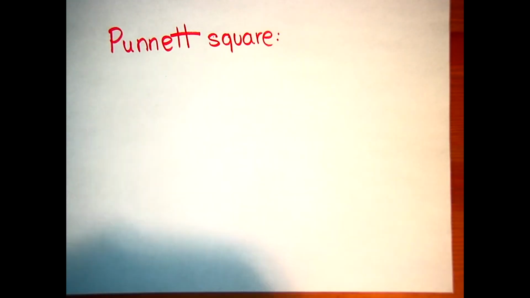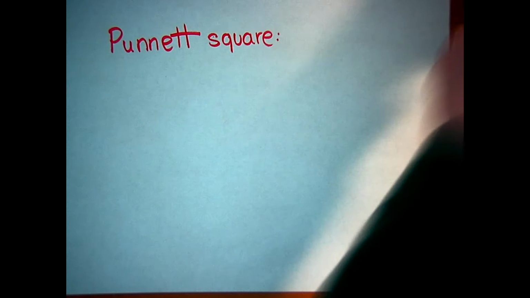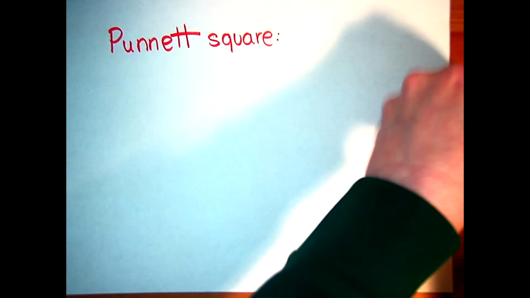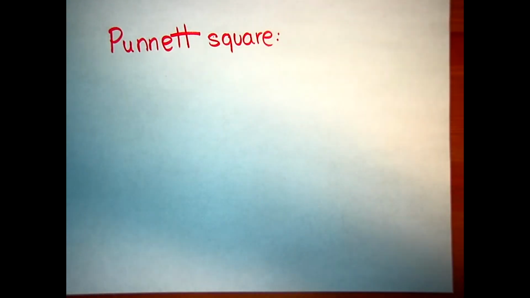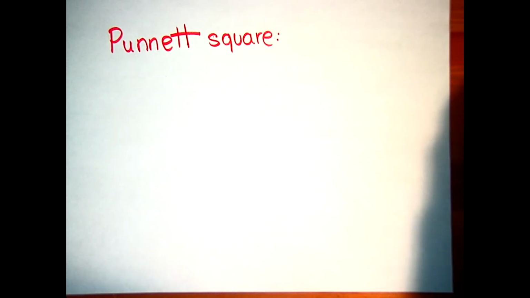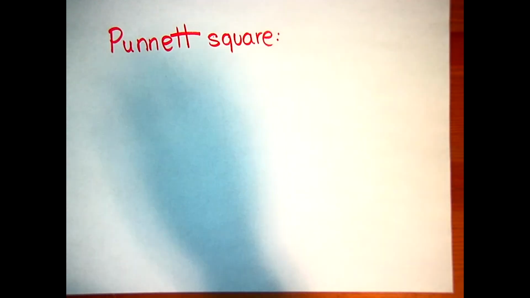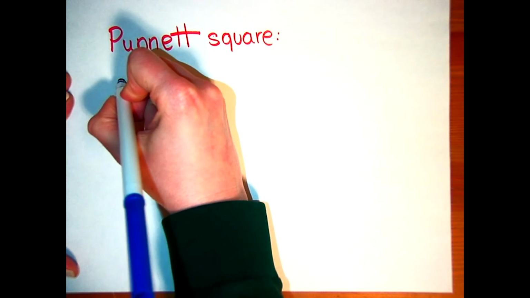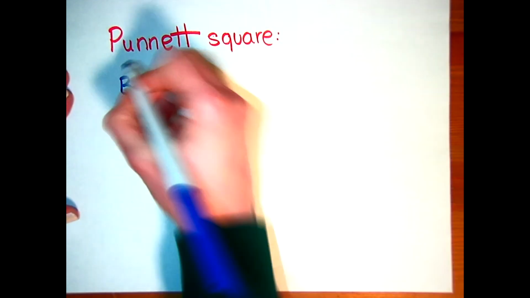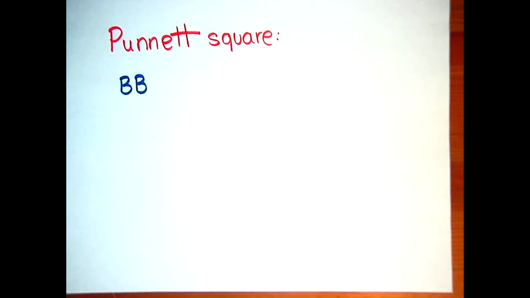So, let's say we have two parents. We'll do two examples to show the difference here. So, we're going to say our first cross is going to be a brown-eyed parent who is homozygous dominant. They have brown eyes. So their genotype is homozygous dominant.